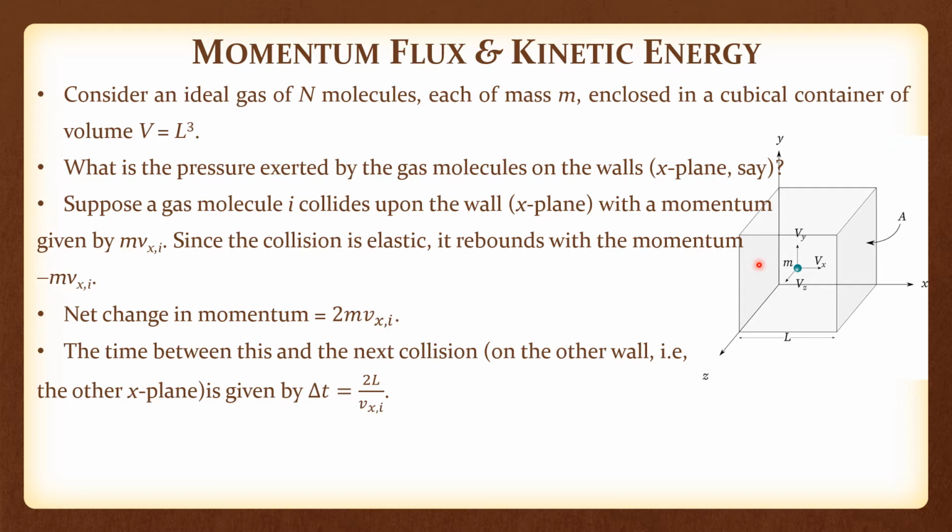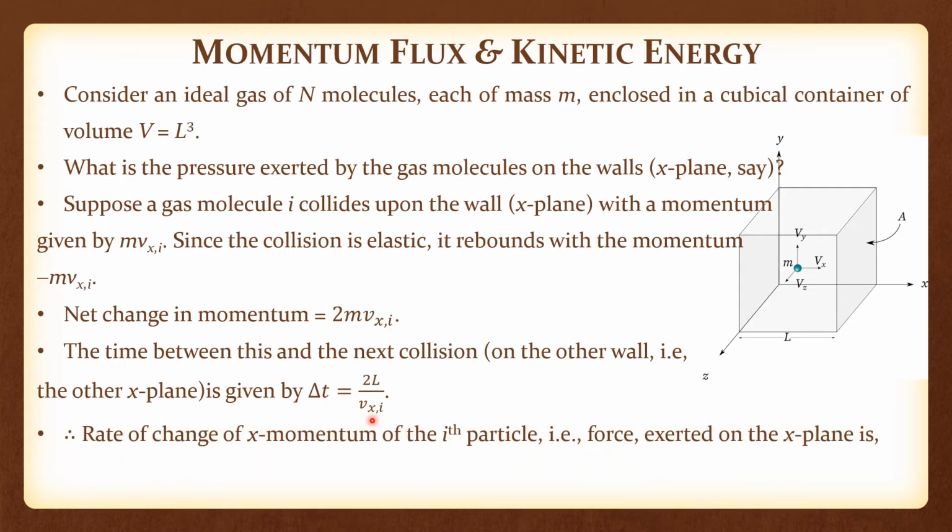So the distance traveled basically is L plus L, 2L, between two successive collisions. After this collision, it went here L, and then it came back 2L. So the time between this and the next collision is simply 2L by vxi, because there is no change in momentum, and therefore you can just write time as distance by velocity.